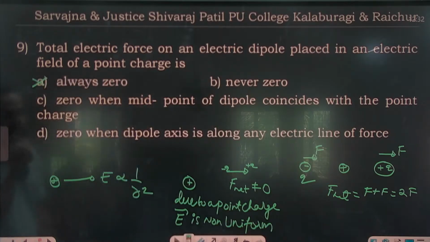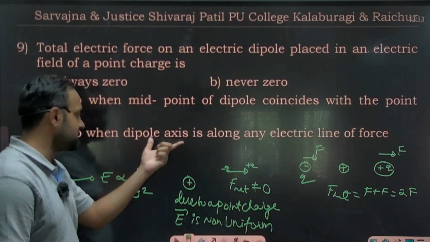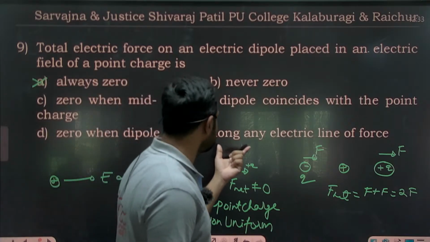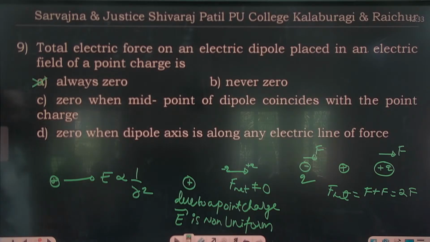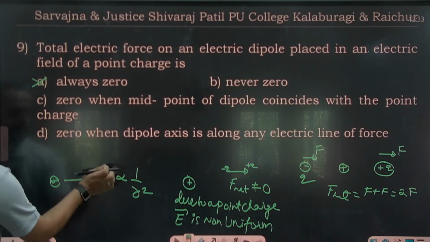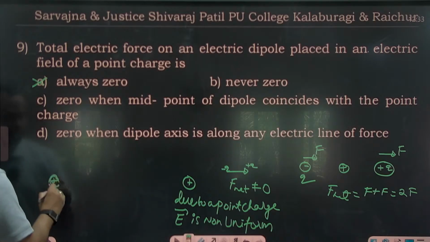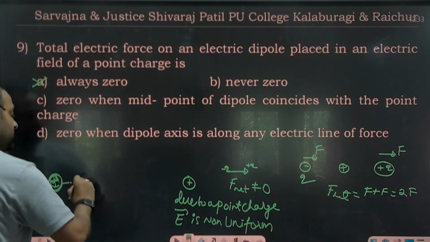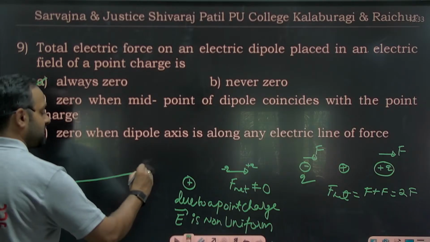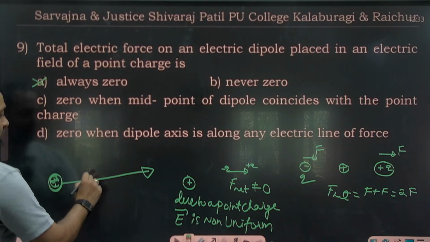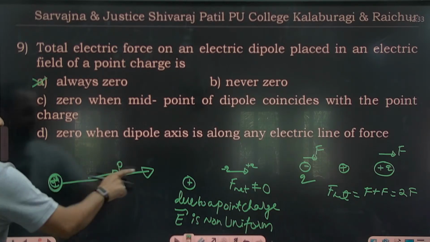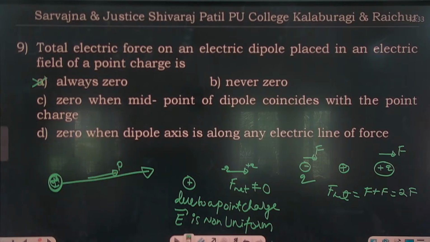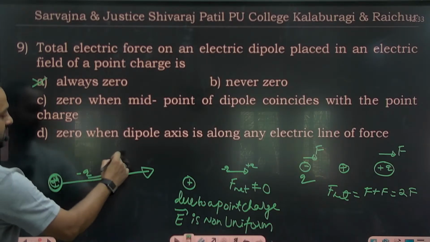It is 0 when the dipole axis is along any electric line of force? No. If it is along any electric line of force, this is the positive charge and the electric line of force goes like this. In option D, the dipole is placed along the electric line of force. Then is it 0? No, this minus q will be near this and this plus q will be away from this.